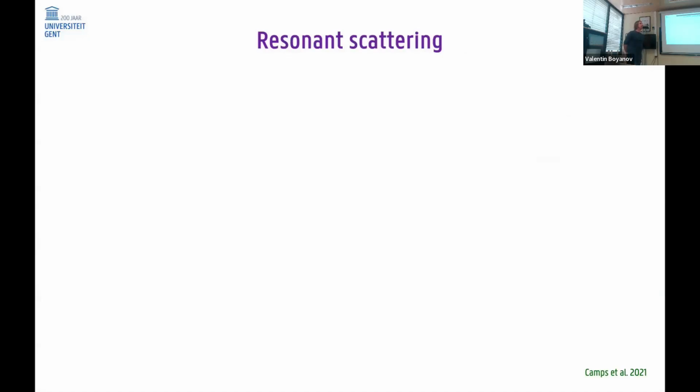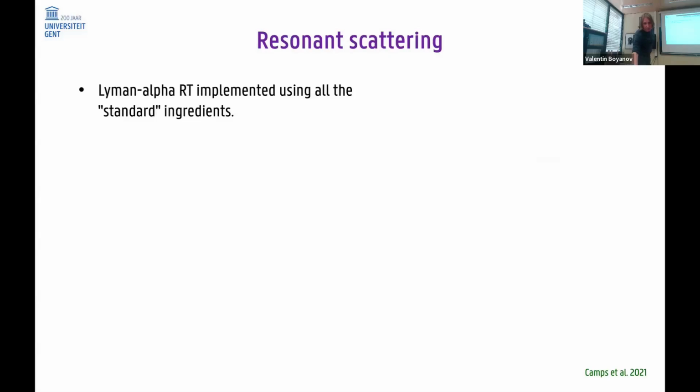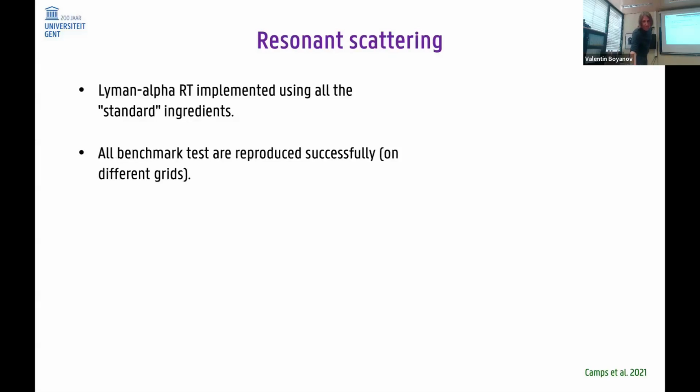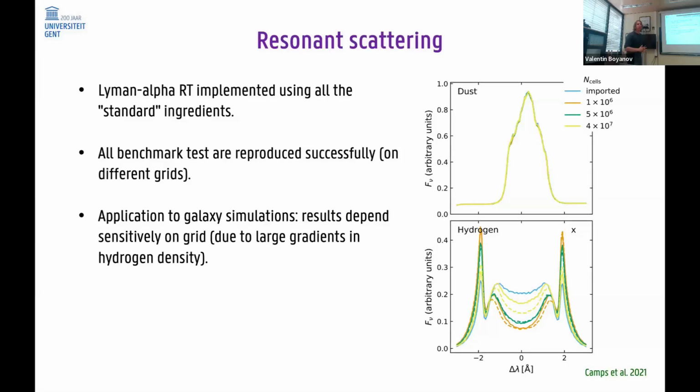We've been working on resonance scattering, so that is Lyman-alpha radiative transfer, where we put all the standard ingredients. We reproduced the benchmark, so that works well. But if we tried to apply it to galaxy simulations, we encountered issues. We always had results, that was not a problem, but the results depended very sensitively on how we grid the thing.